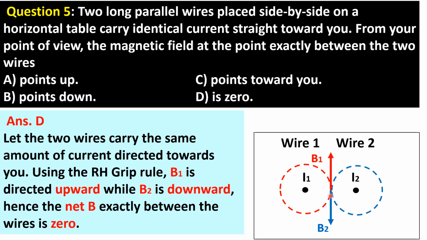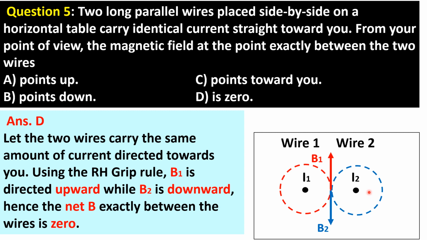Now, at that point, exactly at the center of the two wires, the instantaneous magnetic field brought about by the current I2 is directed tangent again but downward. So the blue arrow represents the instantaneous magnetic field of current I2.